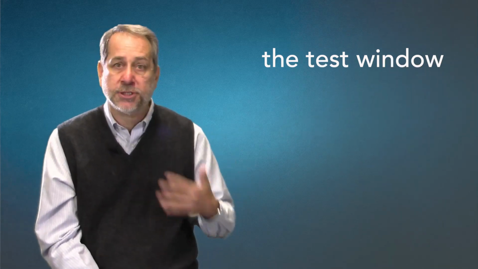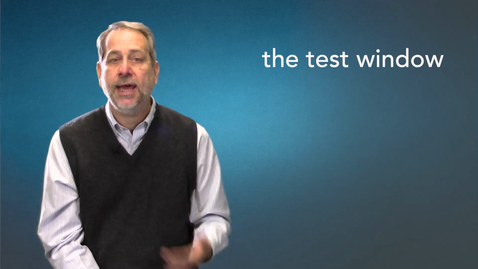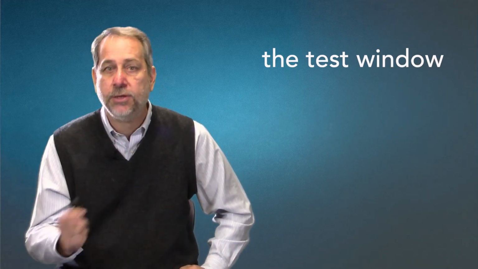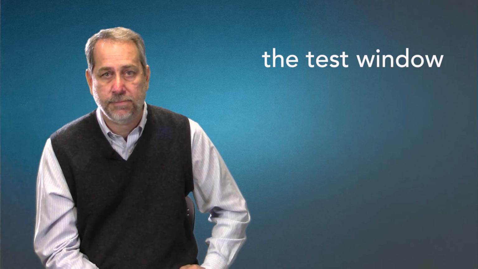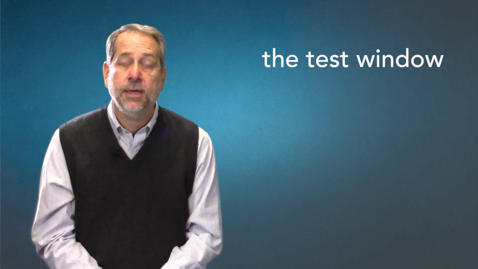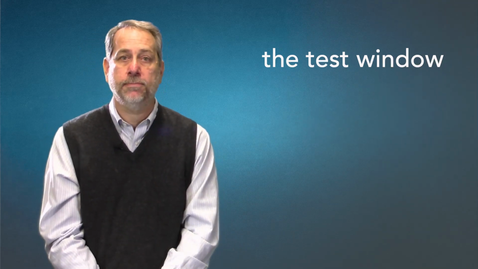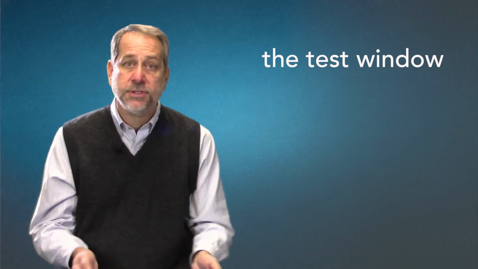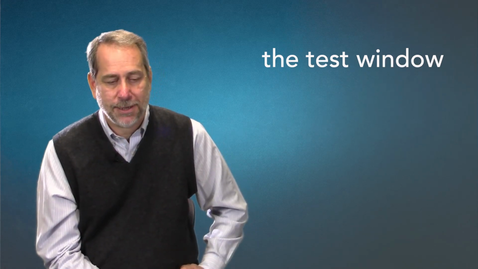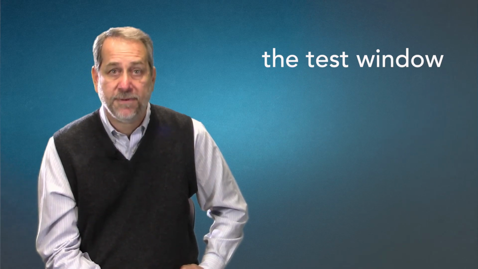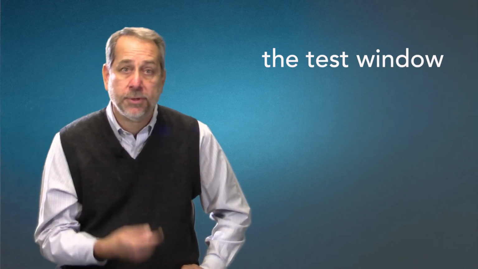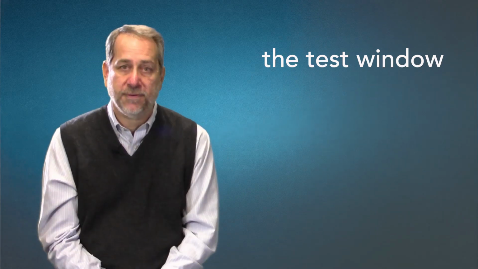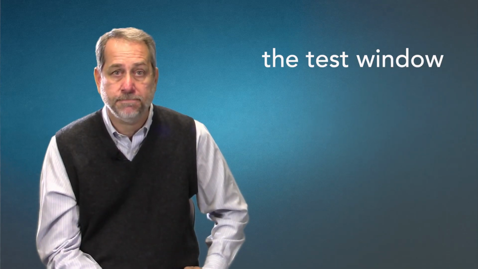So, for example, suppose that a midterm ends at 11:59 at night. The window closes at 11:59 at night. And suppose the time limit for that midterm is 1 hour. Now, if you start that test at 10:59, you'll have 1 hour to do it, and it'll close at 11:59, and that's when the window closes, right?